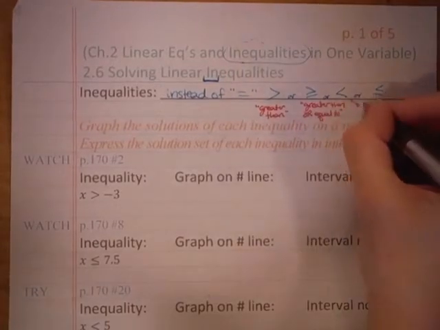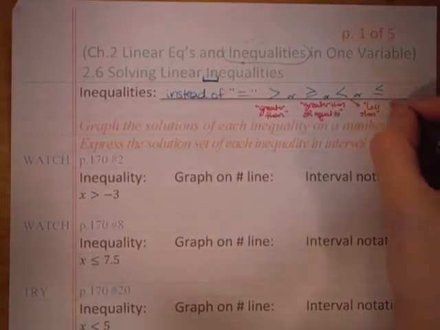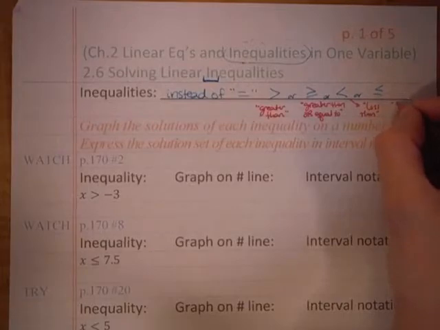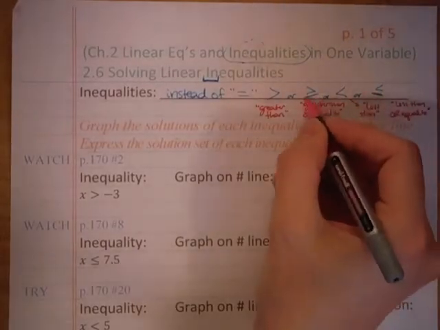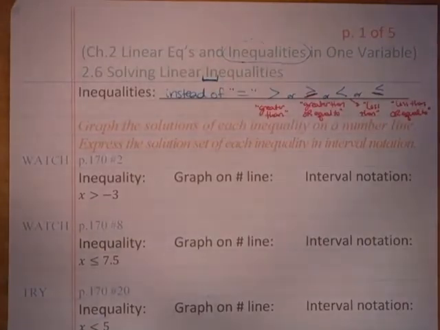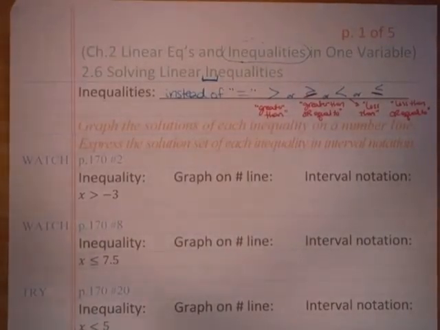The next one reads less than. And the last one is less than or equal to. The extra line underneath indicates that you have the potential to be equal to the other side as well, not just being greater than or less than.